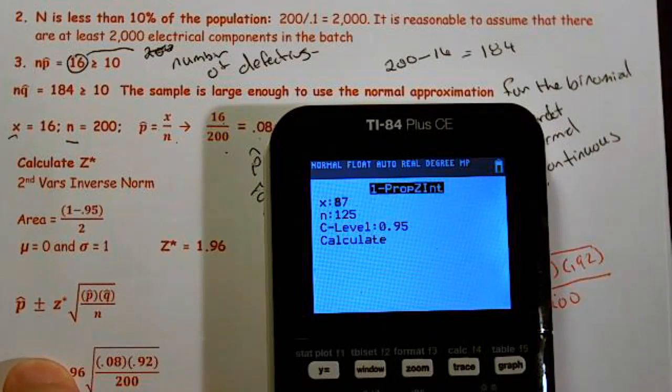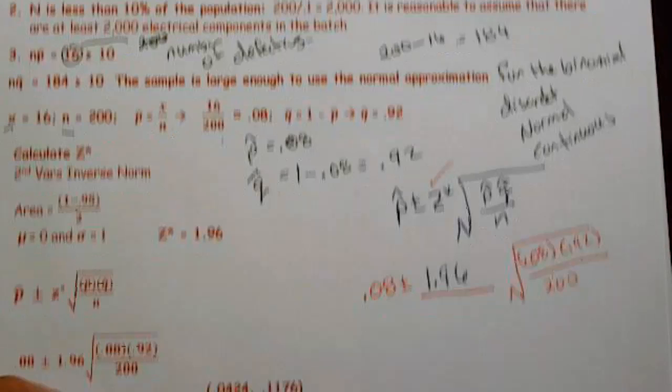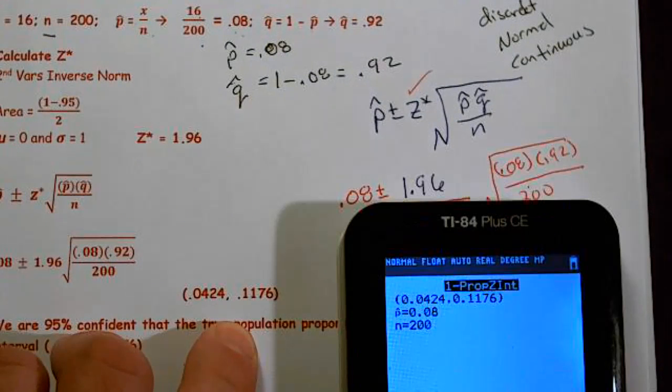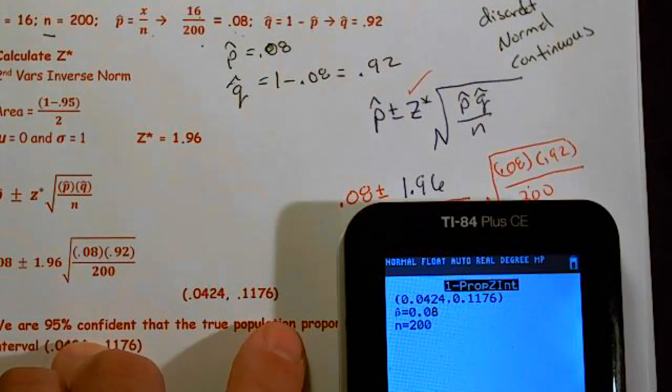Well, my x in this case is my number of defects, which is 16. My sample size was 200. And then we need to plug in our confidence level, which is 0.95. And so I end up getting a lower bound of 0.0424 and an upper bound of 0.1176. So that's my interval.